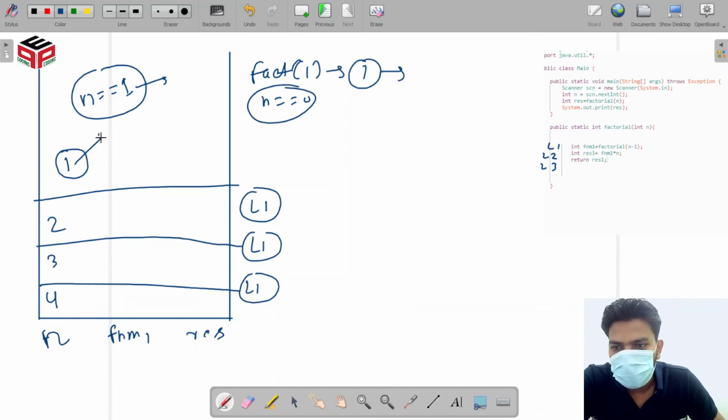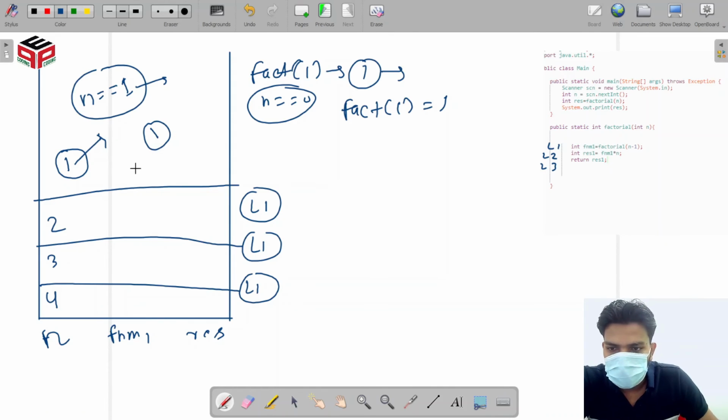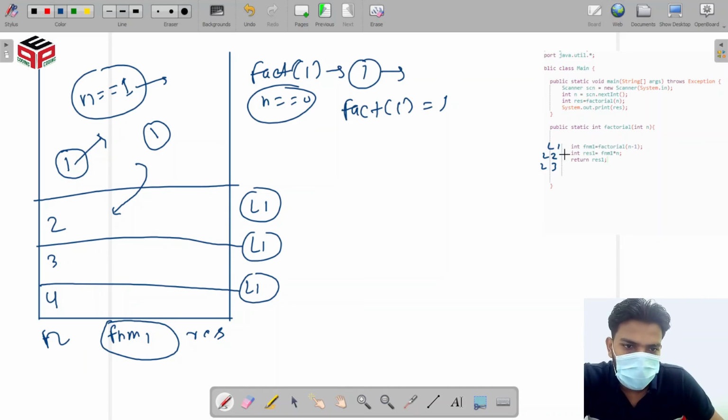Okay, so at this stage we have to return the value 1, because we know factorial 1 equals 1, so we return 1. So this return 1 will come out, and here it comes out at the fn1 variable at line number 2.